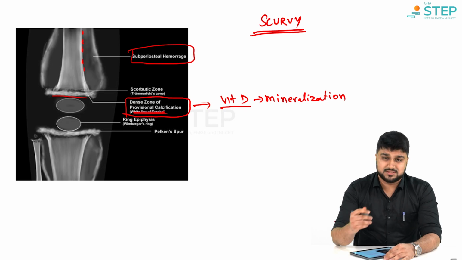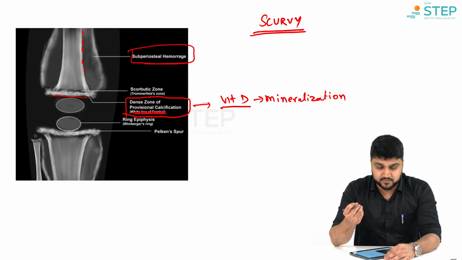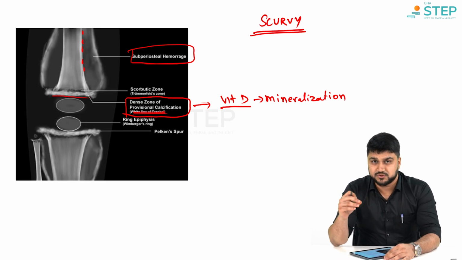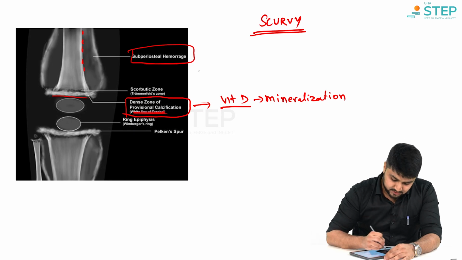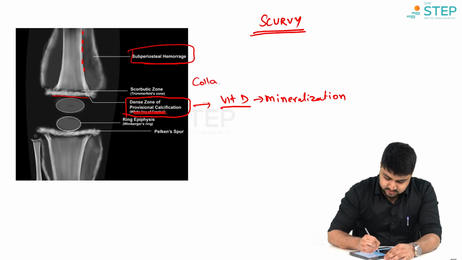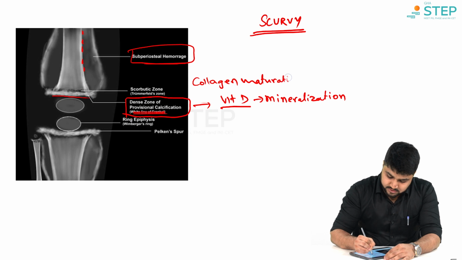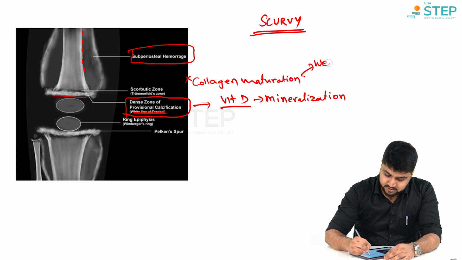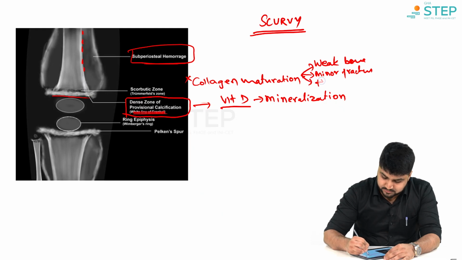As we have discussed, just above the dense zone of provisional calcification, or the primary spongiosa, the collagen maturation is defective. This defective collagen maturation results in weak bone and minor fractures as well as small hemorrhages.